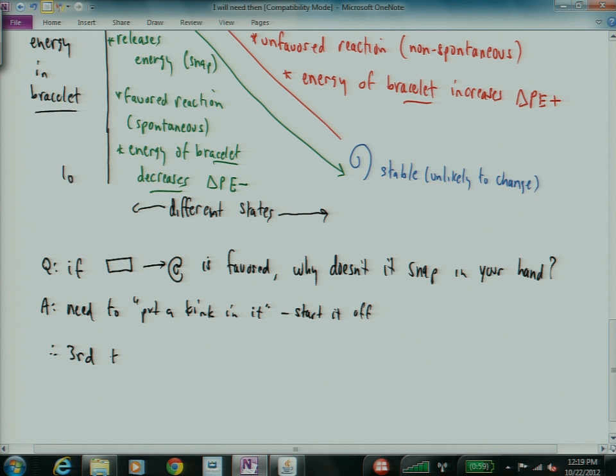What do I mean by transient? You cannot keep it in that kink state. It will snap on you, right? It only stays in that kink state for a split second, all right? So that's what I mean by transient. All right, it's a third transient state. We'll call it kinked. And I'll draw it as that sort of shape.